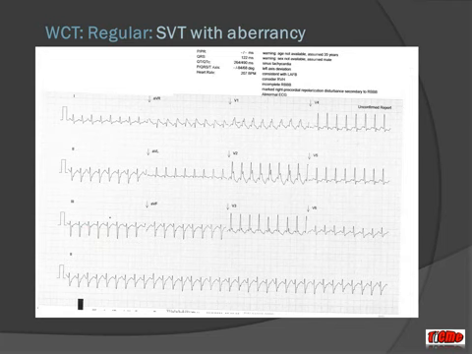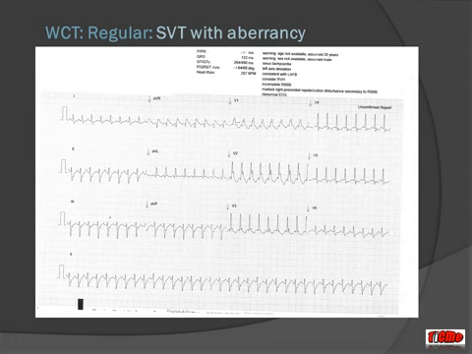The other possibility is one that we haven't mentioned, and this is a fascicular VT, with the commonest type of fascicular VT being a posterior fascicle VT, which gives you a classic right bundle branch pattern. Classically that's responsive to verapamil, and it's otherwise known as a verapamil responsive VT. How are we going to tell the difference?